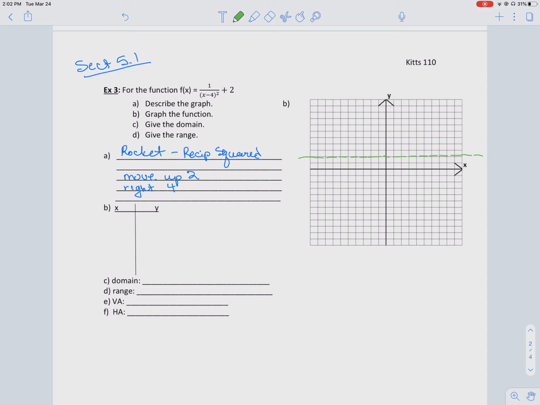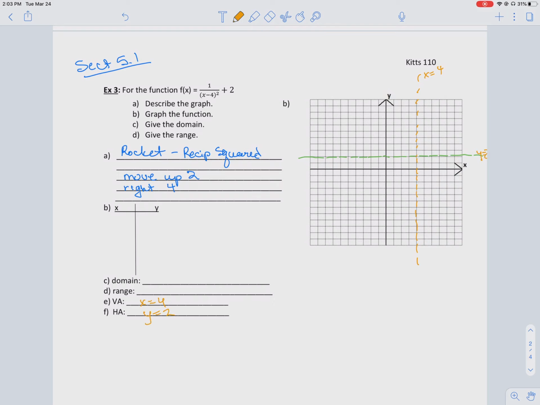And then right 4, I'm going to move it to the right 1, 2, 3, 4. So it's going to put my vertical asymptote right there. I guess we could go ahead and say what that is. The vertical asymptote is x equals 4, and the horizontal asymptote is y equals 2.